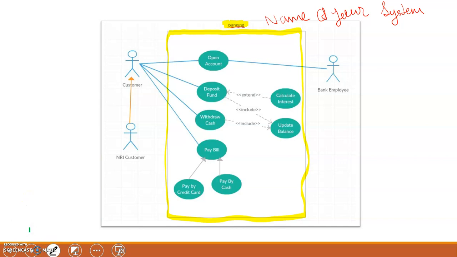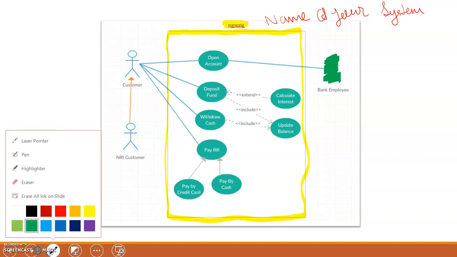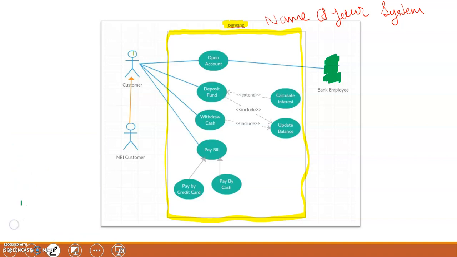Outside the boundary, you can see that we have people who are using the system, right? These people, we call them actors.